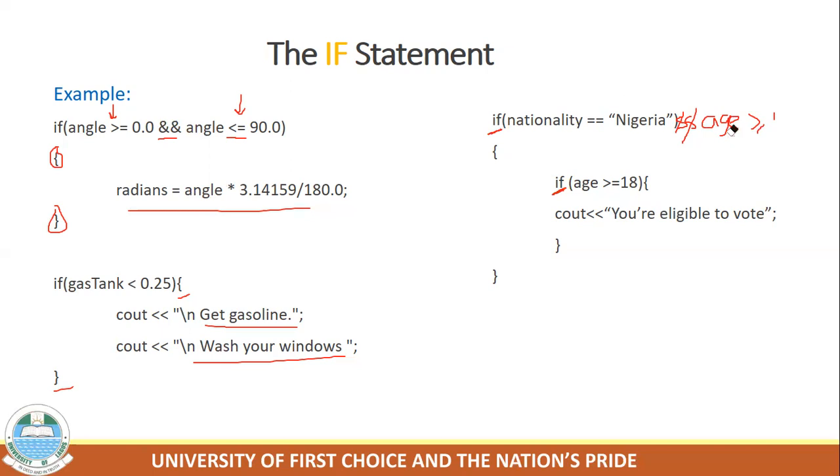Let me erase it. So I'll just say if age is greater than or equal to 18, I will just say you are eligible to vote. All right.